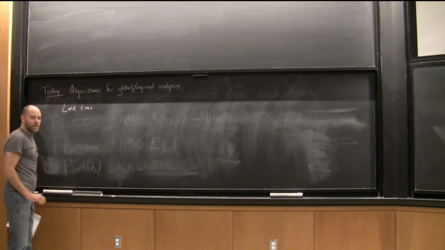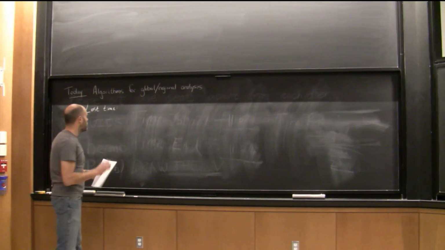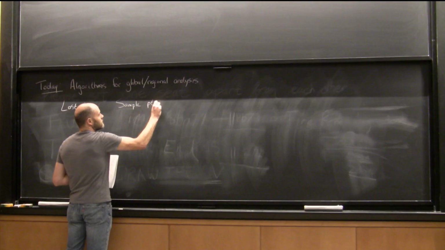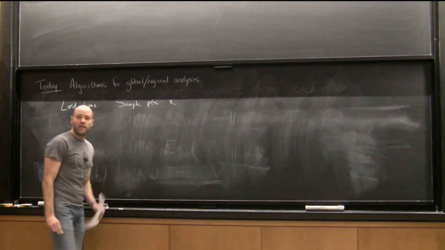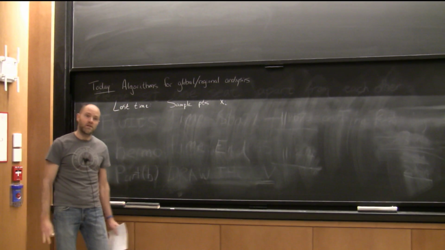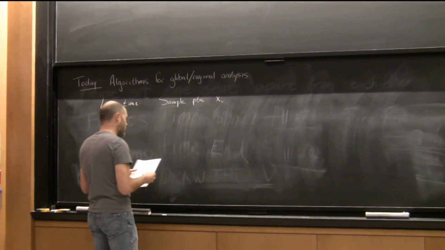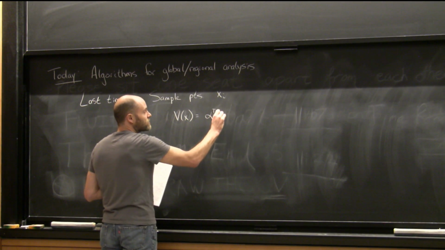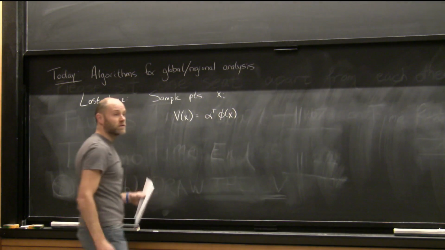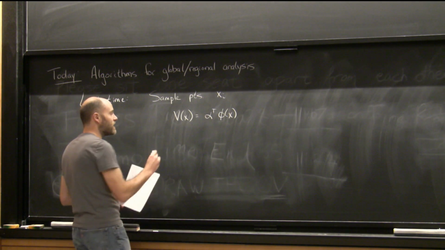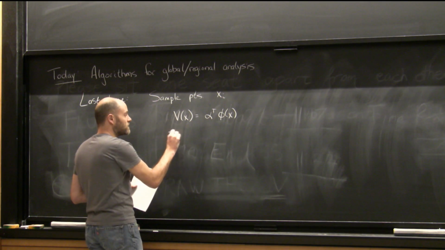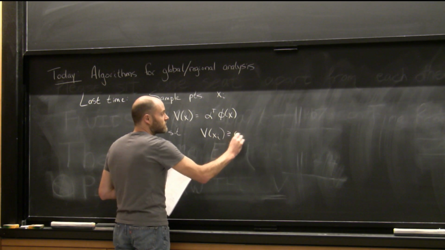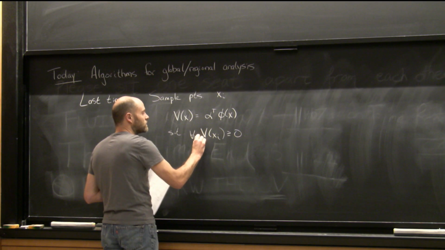we gave cool algorithms that started off by saying, pick a bunch of sample points, xi, and then you can write an optimization to, for instance, find a Lyapunov function that, if I were to parameterize it as a linear combination of nonlinear basis functions, I could write down the conditions that V of xi is greater than or equal to 0, let's say, for all xi not equal to 0.